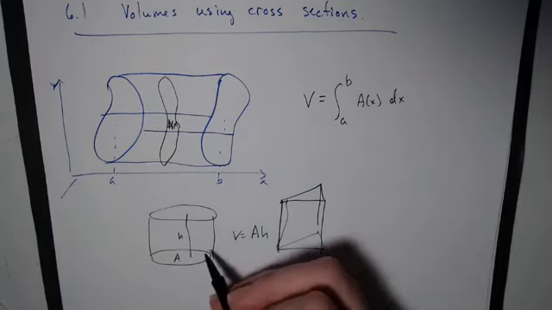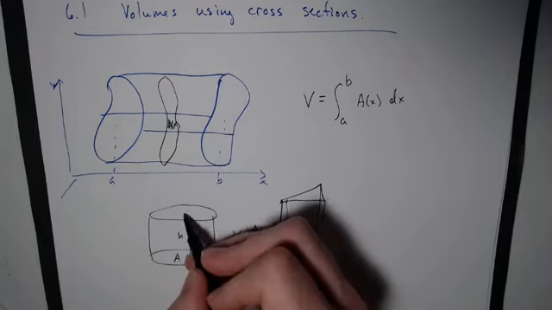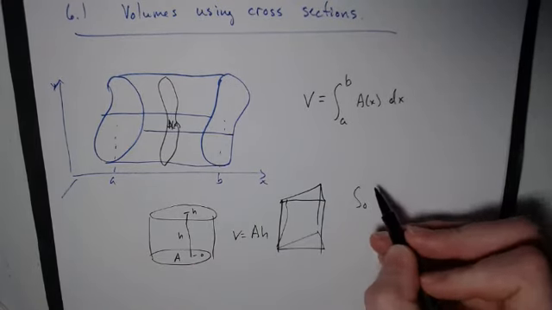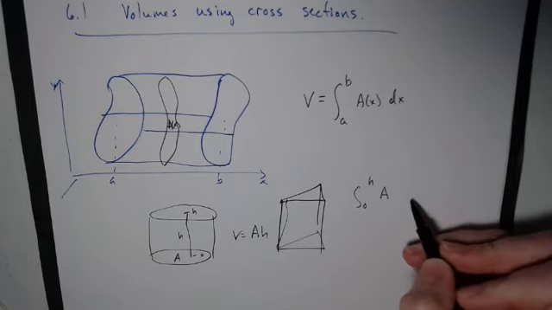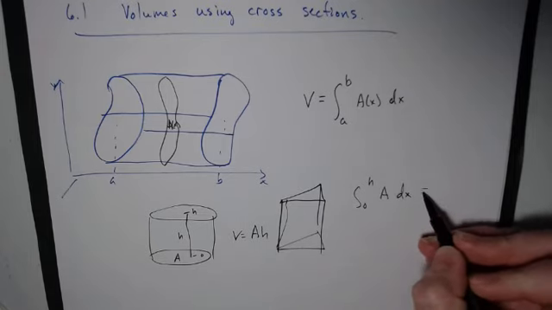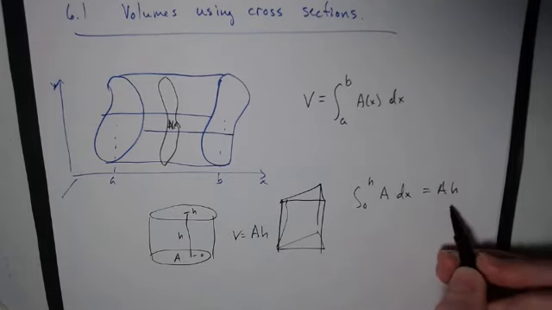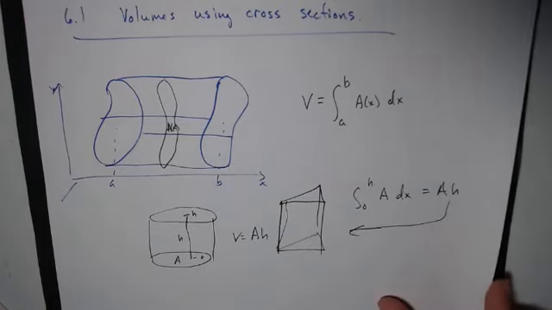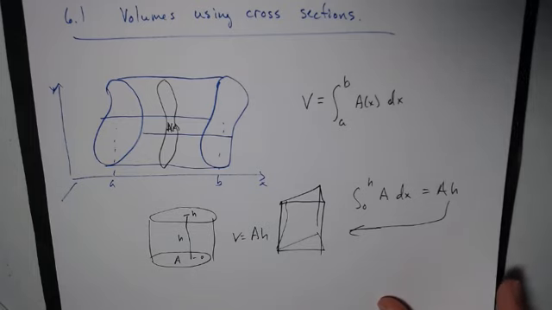So let's call this 0, and let's say that's h. And so the integral from 0 to h of a constant area, dx, is just going to be A h, like those. I think that's probably good for that. So that formula comes up from time to time.